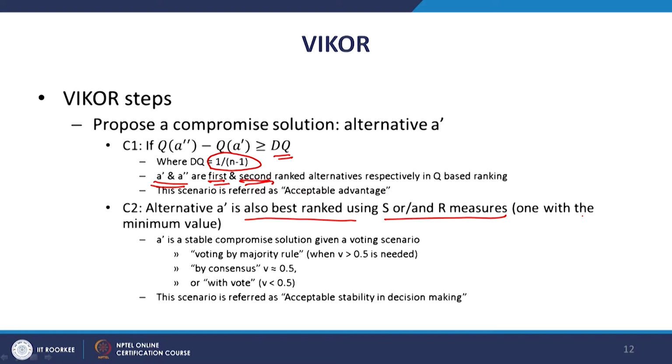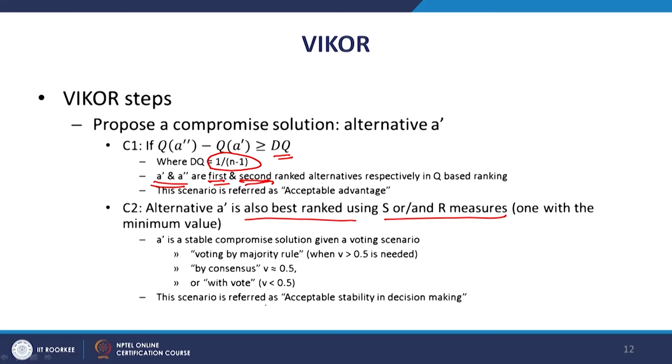That would be the first ranked alternative, just like ranking based on Q. We have to check that the alternative A dash, which was found to be the first ranked alternative based on Q, is also the first ranked in S and R. If this is also satisfied, then we can go ahead and accept A dash as the compromise solution.